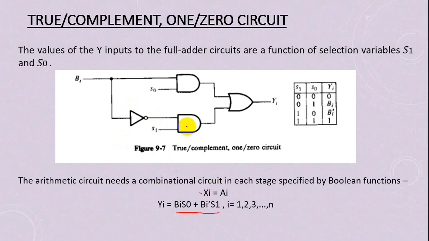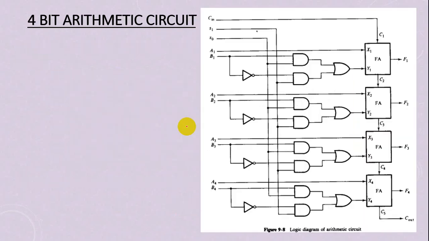Now this is our complete circuit. This is a 4-bit parallel adder. X is the modified A. So this is A, with no modification and no other circuit.